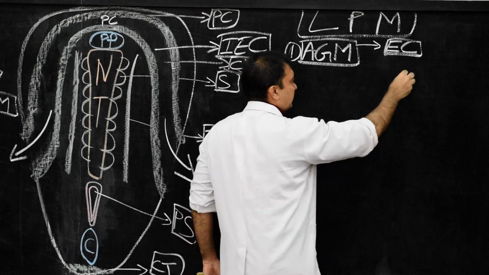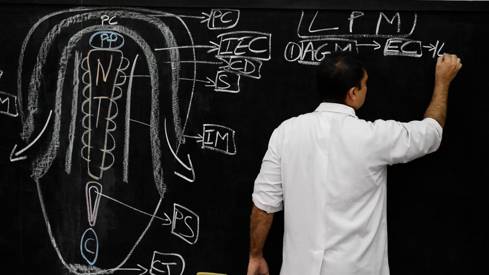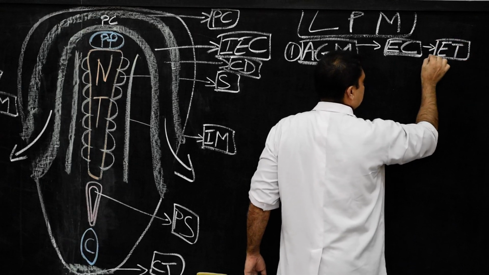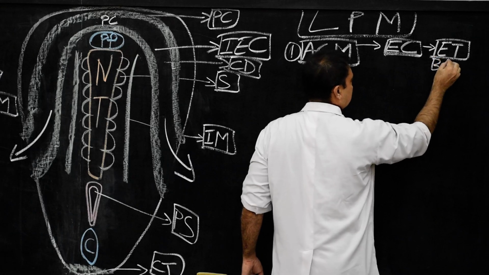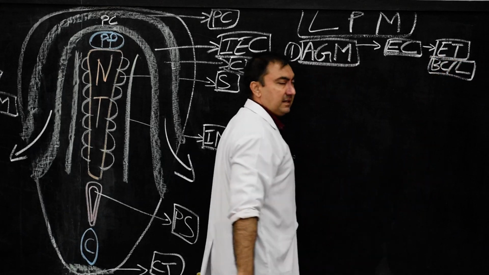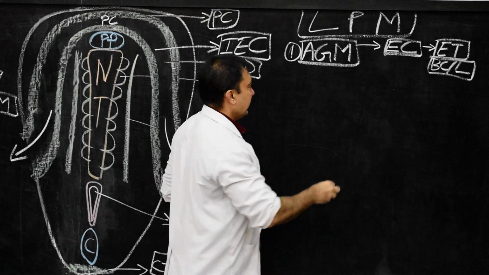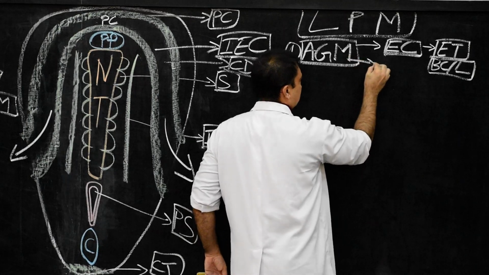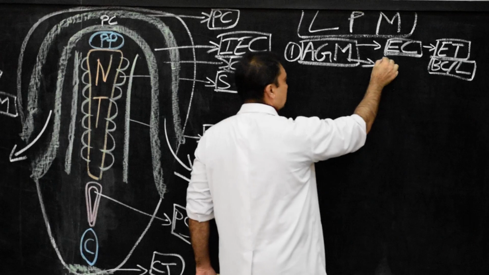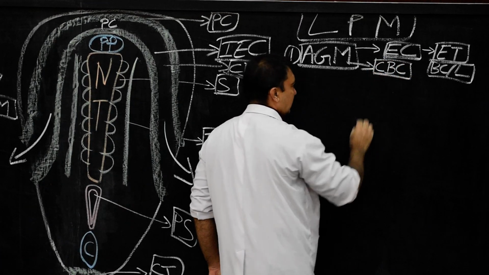Next, it will develop into the endothelium of blood capillaries as well as lymph capillaries, the endothelial lining of blood capillaries as well as lymph capillaries. Then it will also develop into circulating blood cells. So circulating blood cells, please note down.